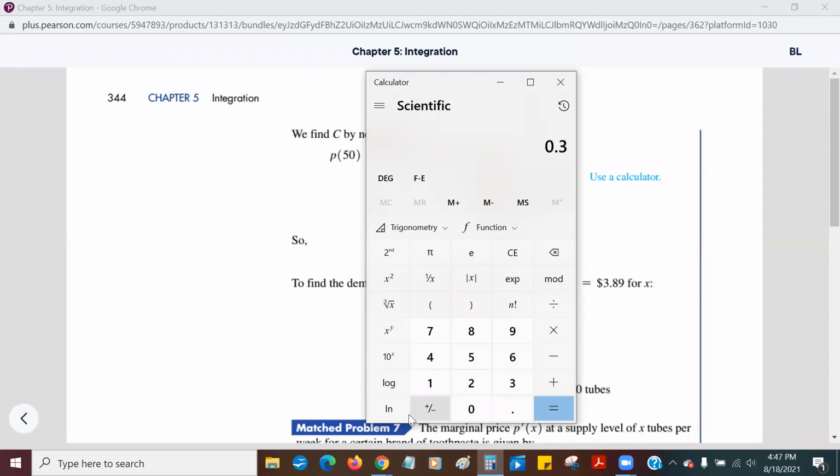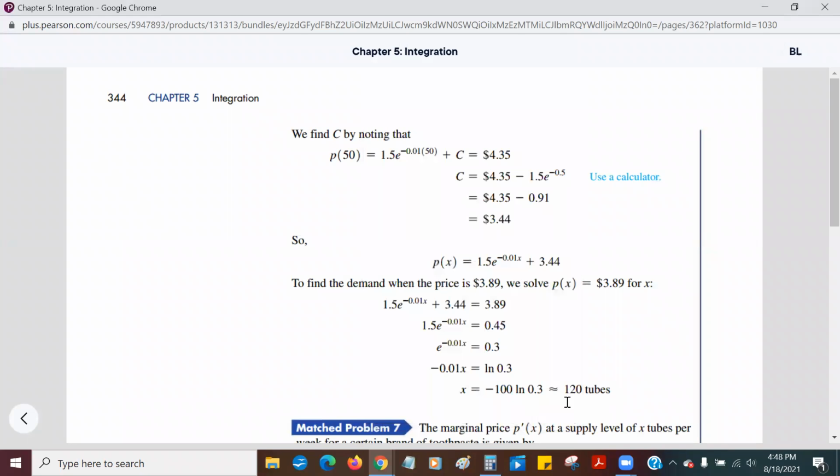I take the ln of 0.3, and I get a negative number. When I multiply this negative number times negative 100, I get positive 120, which is what they got right here, positive 120.